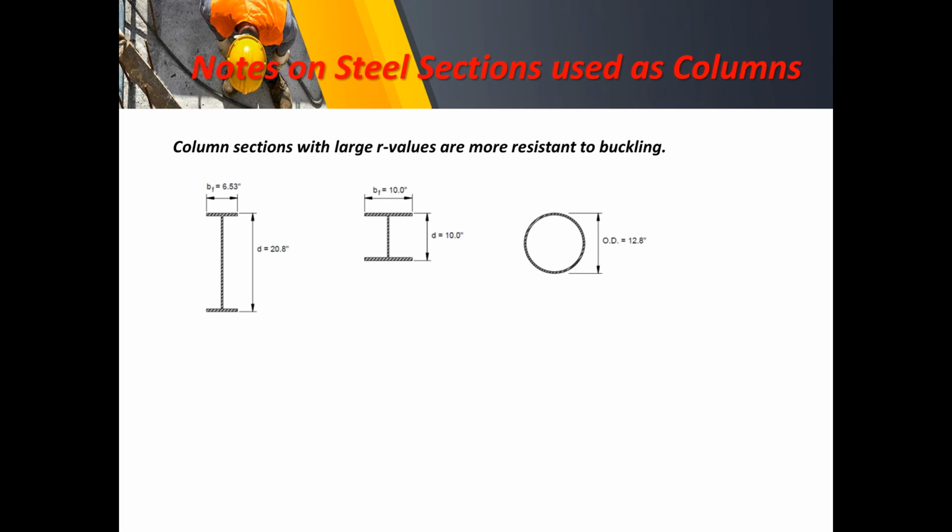In here we have a flange section with a greater depth, and a flange section with almost equal depth on X and Y axis, and then the tube section will be a uniform length on all sides.